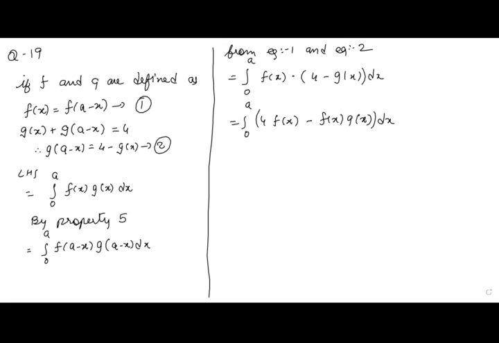So giving individual integration, 4 will come out of f of x g of x dx, right?